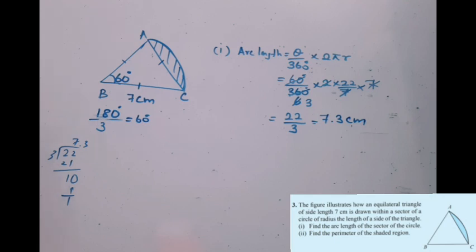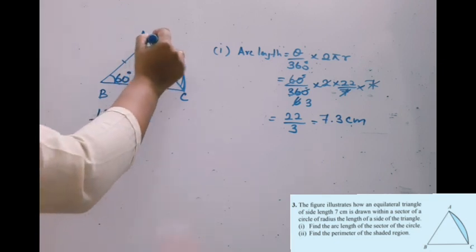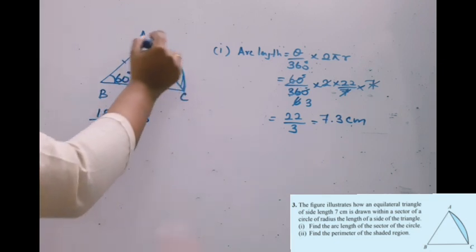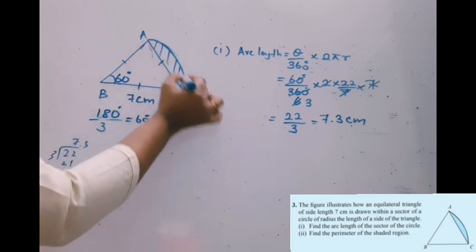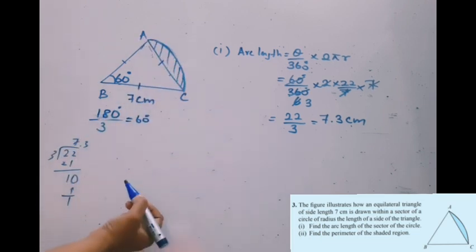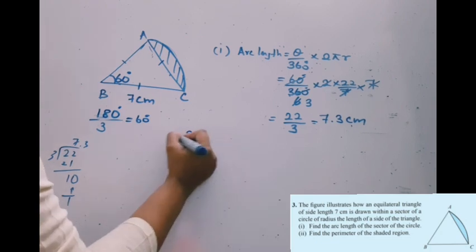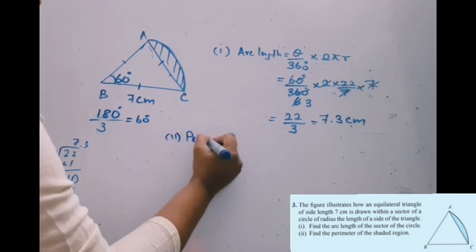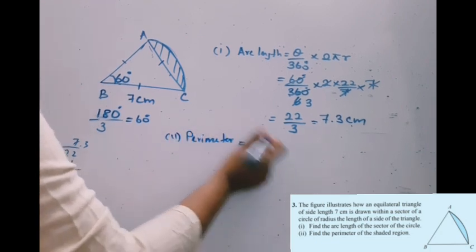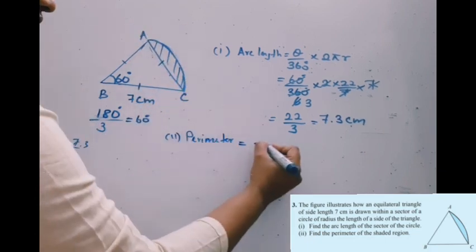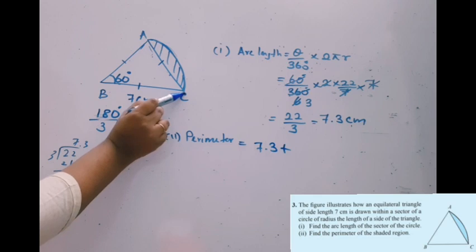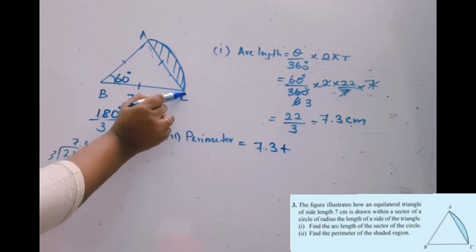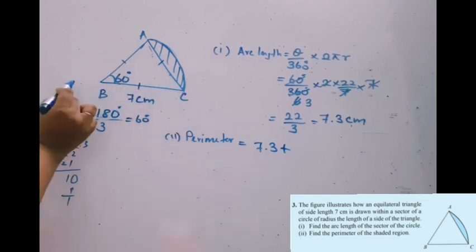Find the perimeter of the shaded region. So they are asking you to find the perimeter of this area, which contains 2 lengths around this shape. Am I right? So the perimeter is adding the arc length, which is 7.3, plus the length of AC, which is the side of this equilateral triangle.